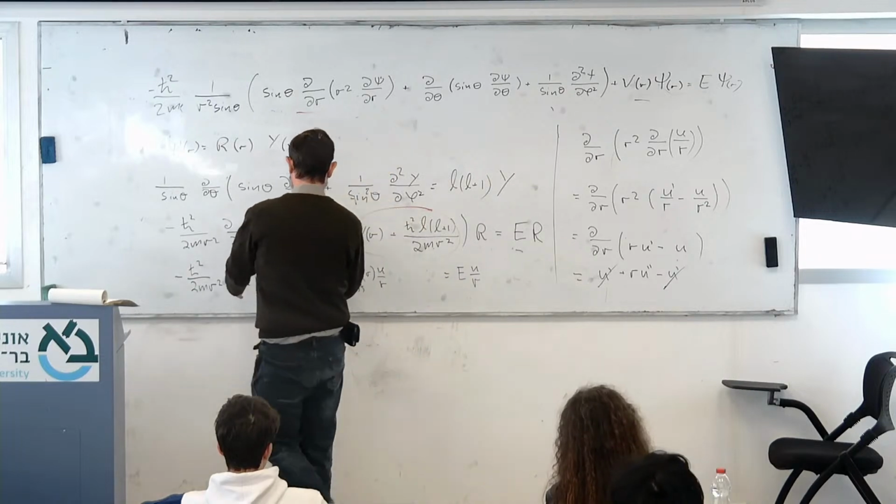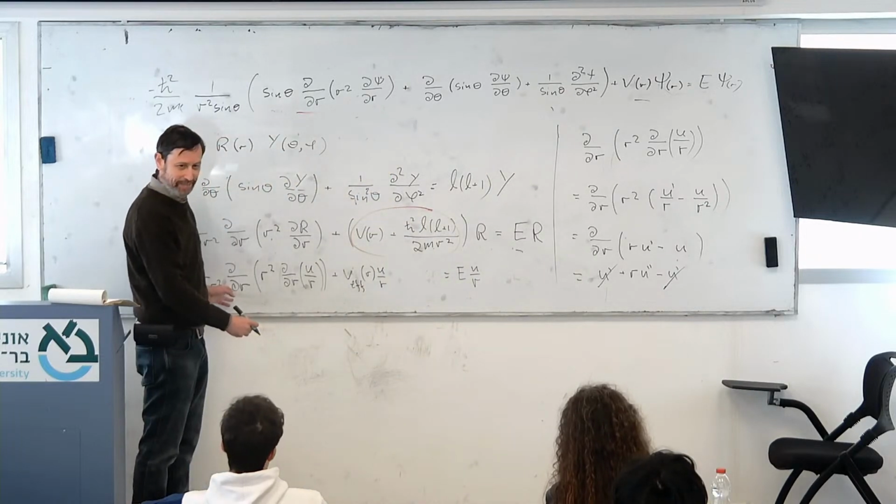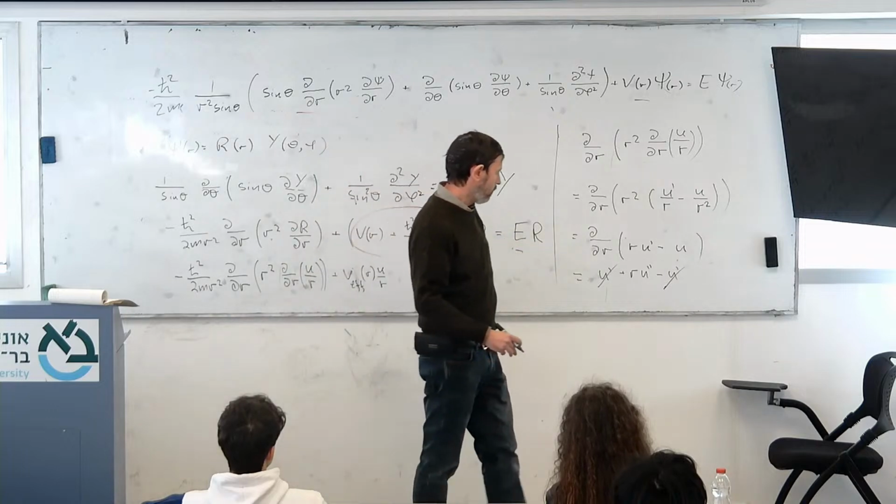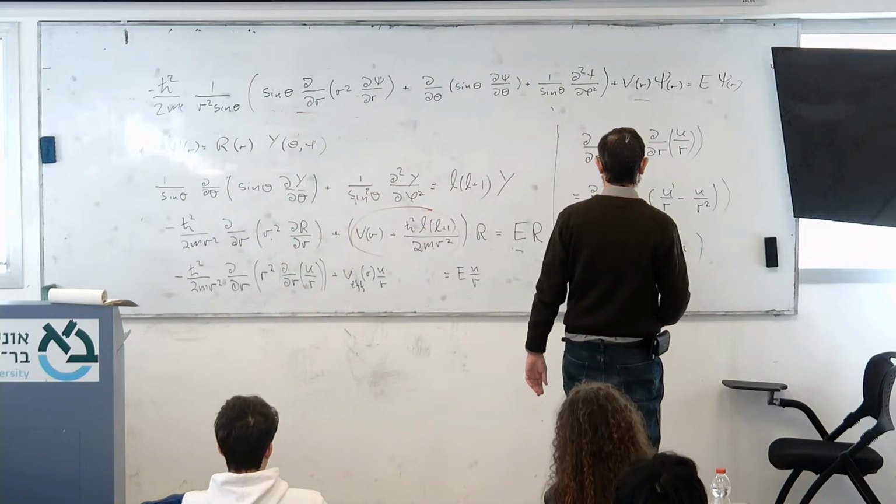So instead of this frightening part, you can just write r times second derivative.